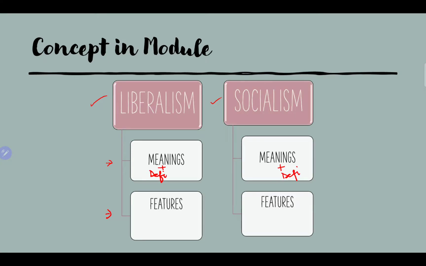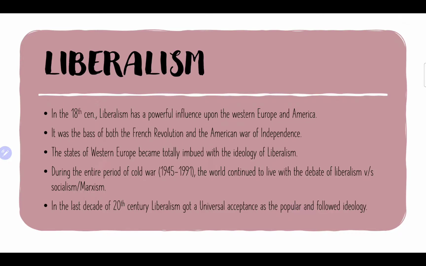So let's proceed. To understand liberalism, what is liberalism? In the 18th century, liberalism had a powerful influence upon Western Europe and America. Now this is just history, I'm just telling how liberalism came into existence.